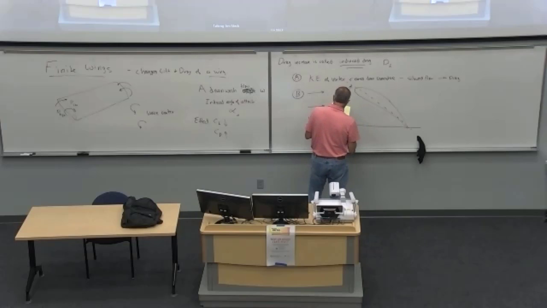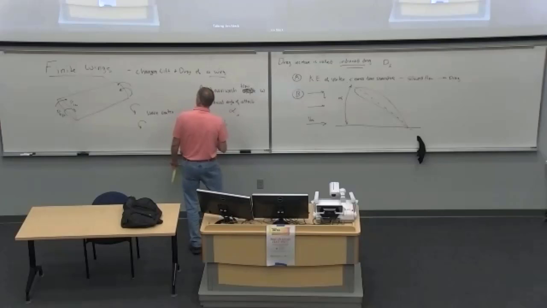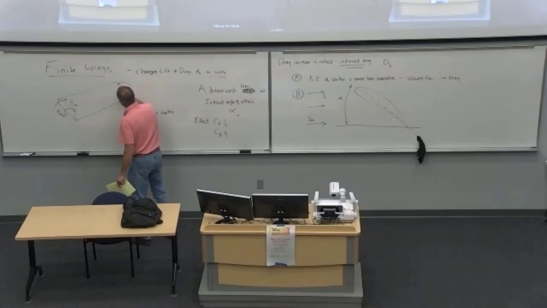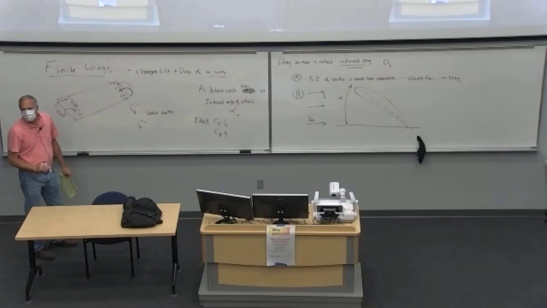So if you have downwash, that's a downward flow velocity. And the section we're looking at is, say, out near the wing tips. So say this section of the wing out here, and this section of the wing out here is being impacted by the downwash.